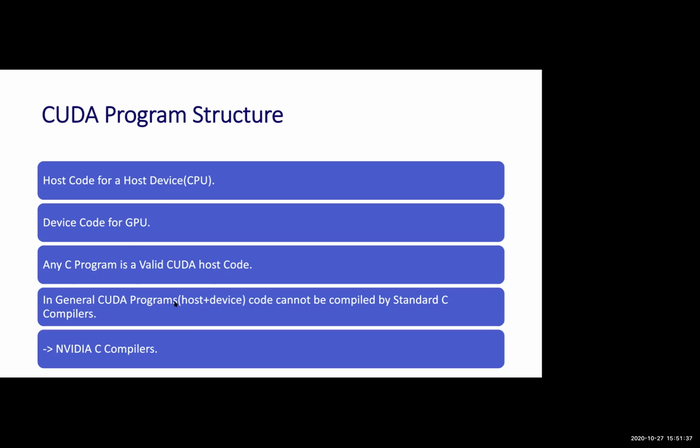In general, CUDA programs, host plus device code, cannot be compiled by the standard C compiler. Of course, because CUDA programs are compiled using the NVCC compiler. In the CUDA file where you wrote the CUDA program, you have CPU code and GPU code.